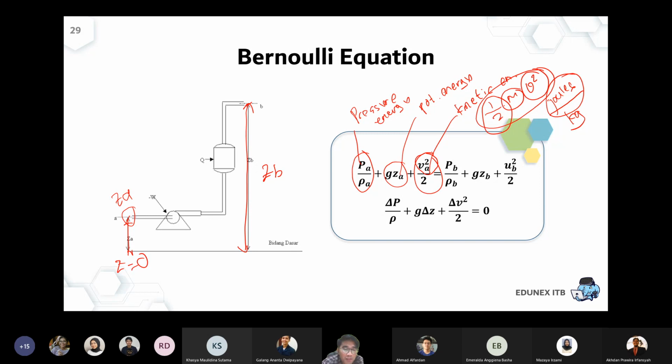For this one, the unit is meter square per second square. Basically you can convert meter square per second square as joules per kilogram.